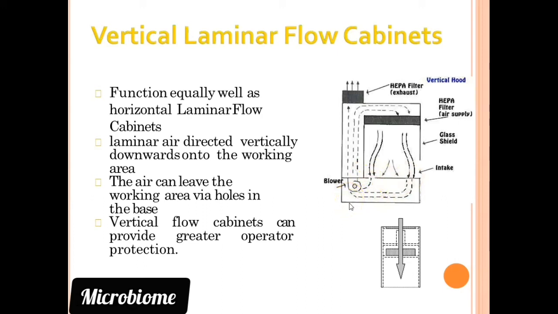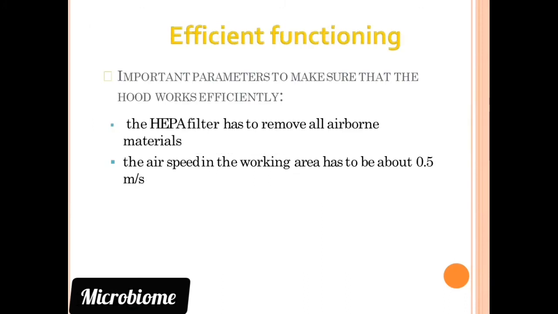Then next, vertical flow cabinets can provide greater operator protection as they give a continuous flow of air, which is again vertical. Then next, efficient functioning. When we use a HEPA filter or laminar airflow for research work, how can we determine whether that laminar airflow is working efficiently?